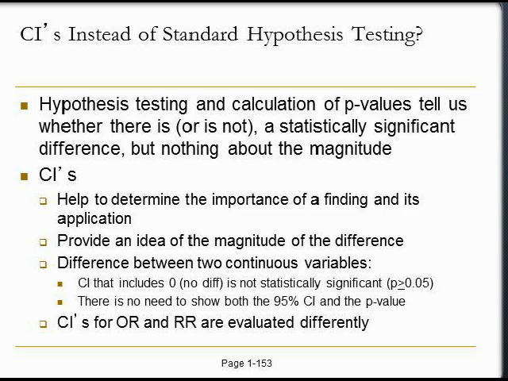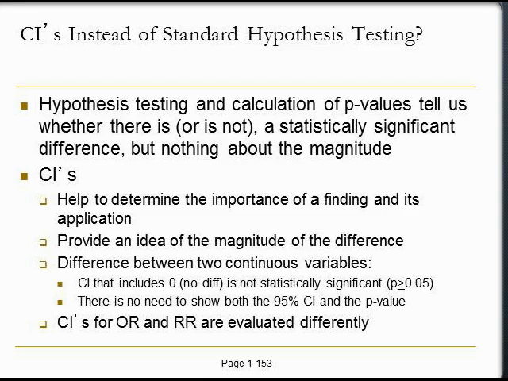Confidence intervals, on the other hand, help us to determine the importance of a finding by giving us some idea about the spread of that population mean. I'm using the word spread; it's not the right word, but I can't remember what other word I want to use right now. It provides some magnitude of the difference.